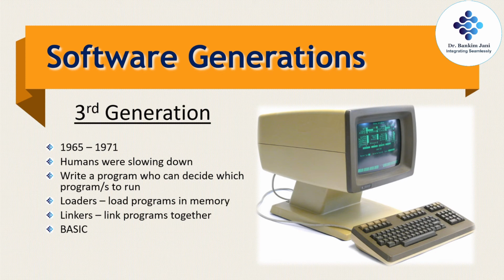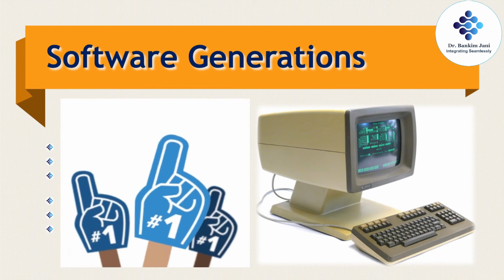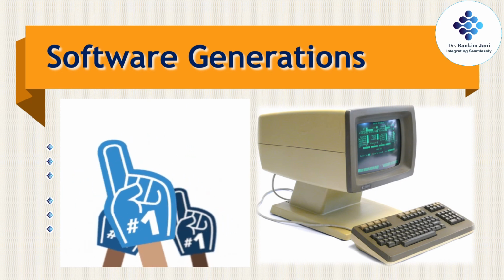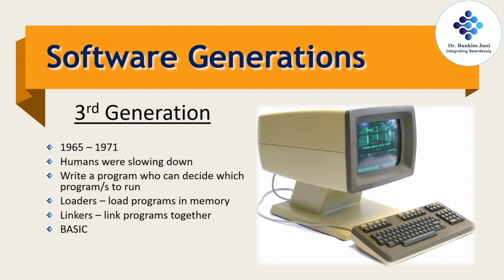And this kind of program was the first operating system. So there were loaders; they would load programs into memory. And there were linkers; they linked pieces of large programs together. All of them collectively called system software. BASIC, Beginner's All-purpose Symbolic Instruction Code, was introduced.